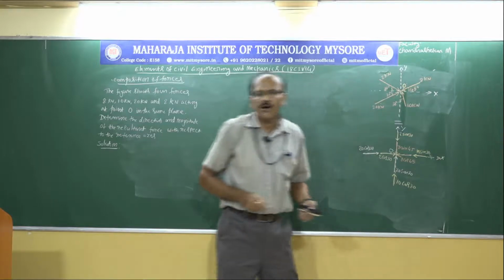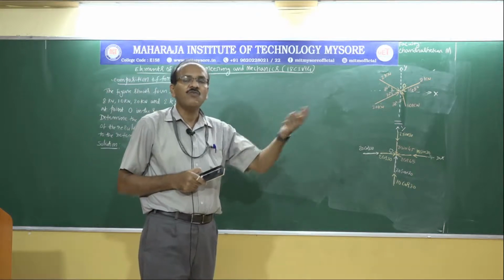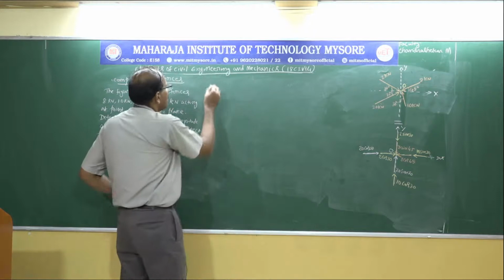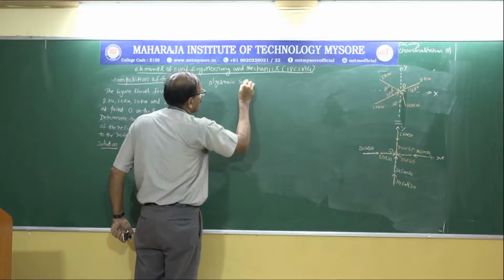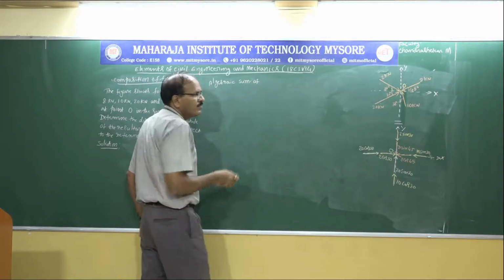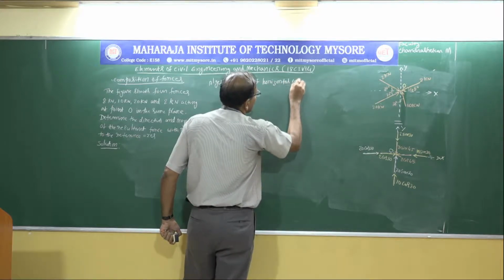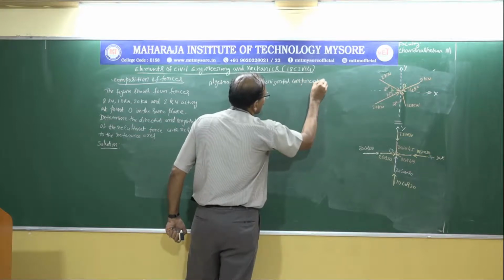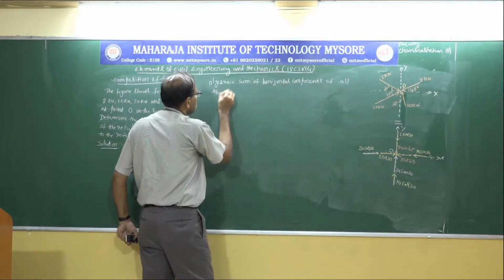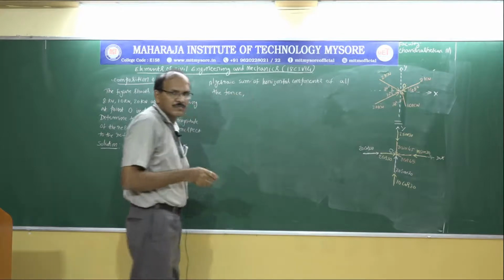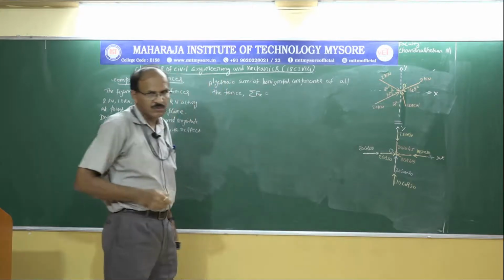So let us add them algebraically in each direction, that is along x-axis and along y-axis. So algebraic sum of horizontal components of all the forces, I am going to call this as sigma Fx because this involves more than one force.